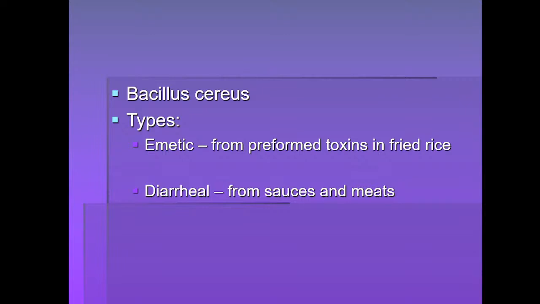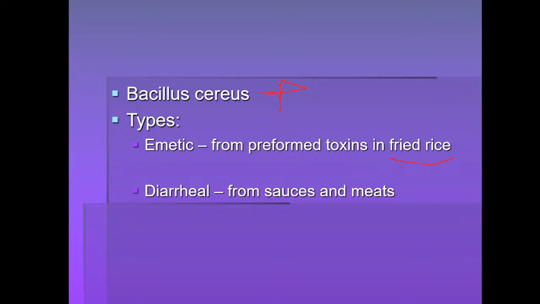Specifically, how would they survive in fried rice, by the way, sir? Remember that these organisms are capable of producing spores, and therefore when there are unfavorable conditions in the environment, they would form spores and lie dormant.